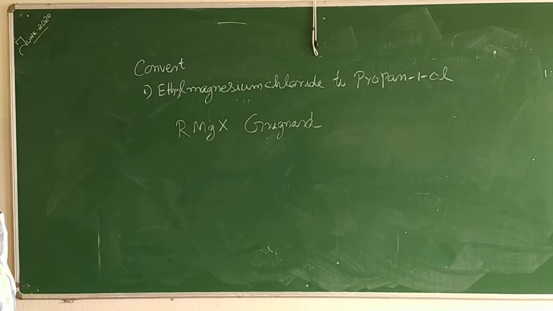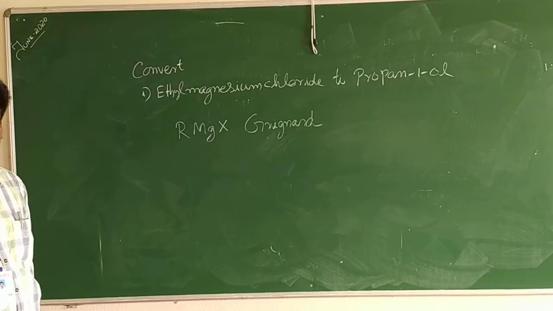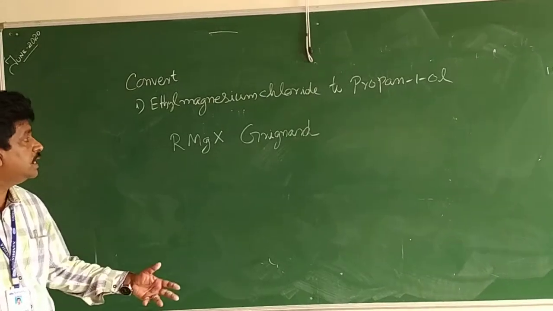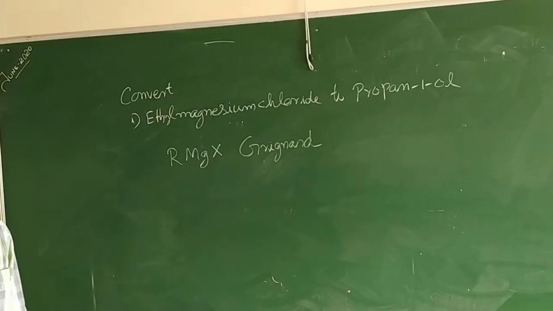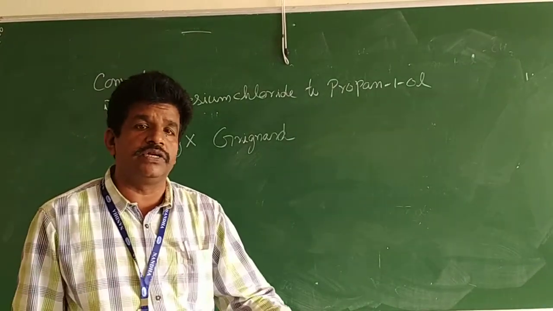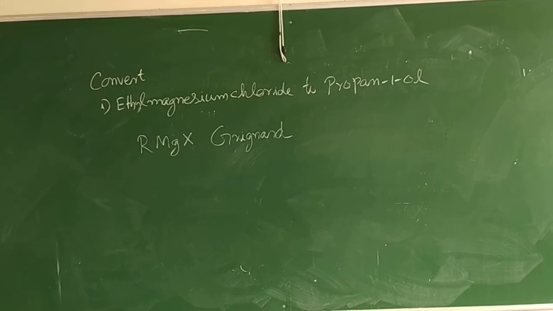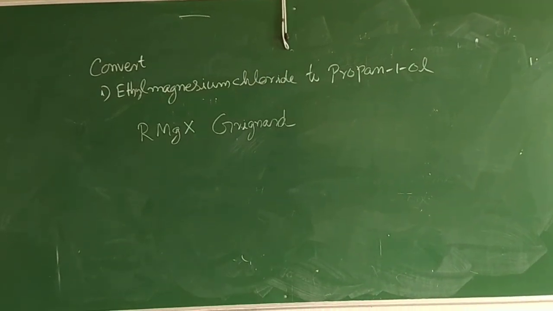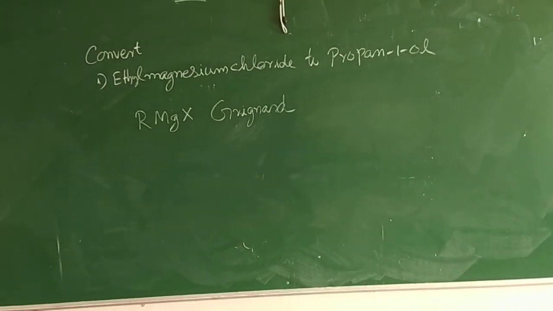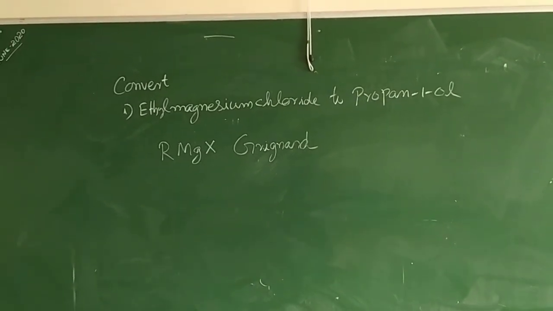We know that propan 1-ol is a primary alcohol, and that a Grignard reagent can be converted to a primary, secondary or tertiary alcohol. If we use formaldehyde with the Grignard reagent, an addition product is formed, and its hydrolysis gives a primary alcohol.